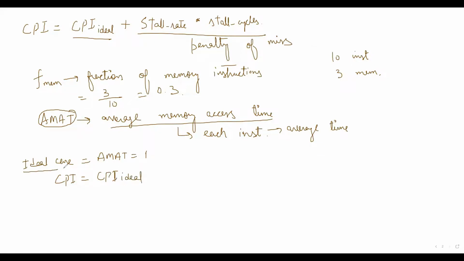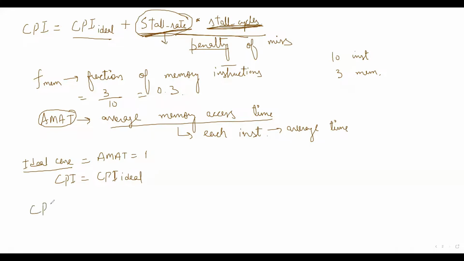However, we don't have an ideal case. We have a real case. Real case means that there will be this penalty, and this penalty will be for this stall rate. Stall rate means how many memory instructions are there, the fraction of memory instructions, and how many extra cycles we have to spend for every memory instruction.